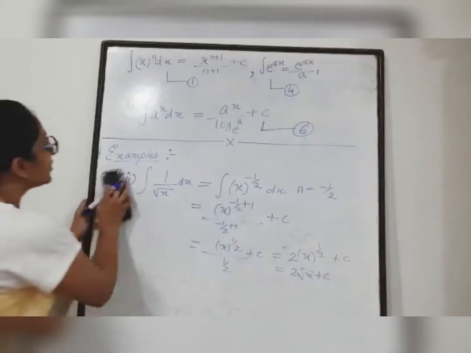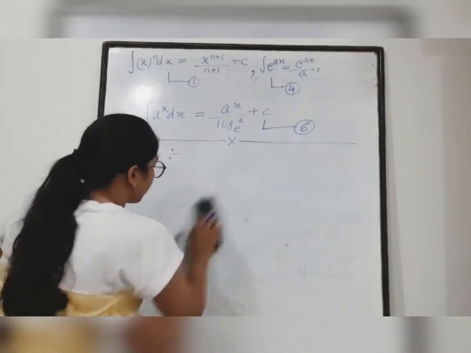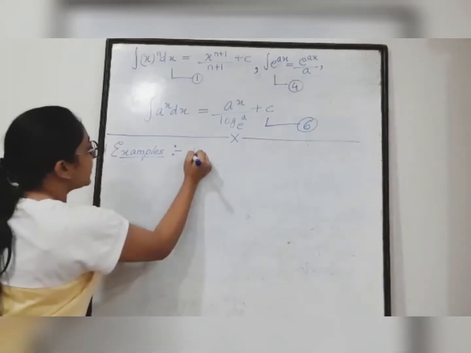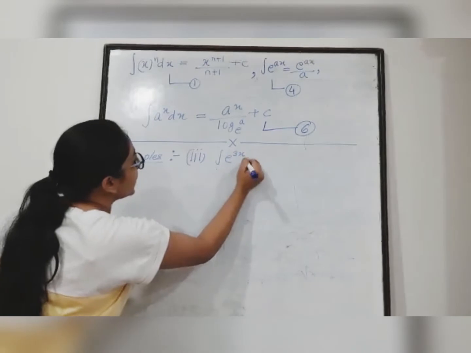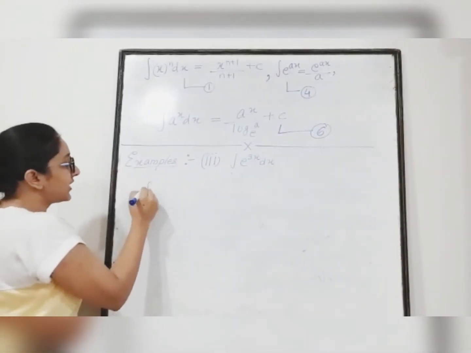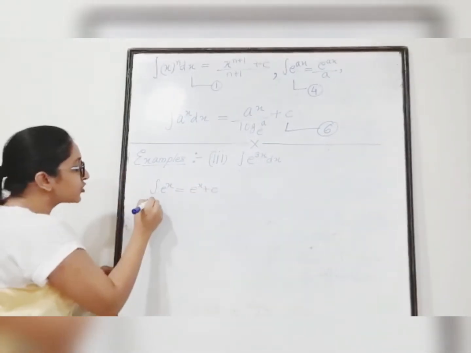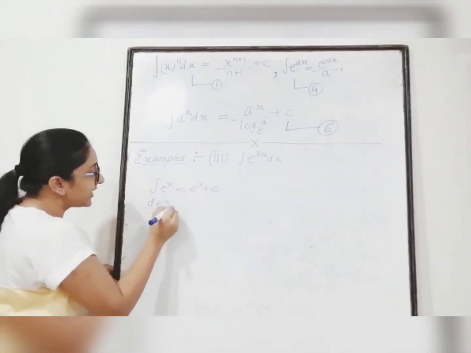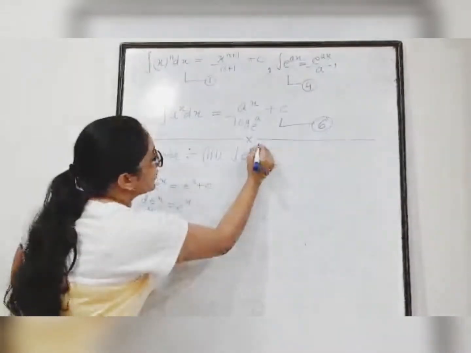Now let's move on to the third question. The third example is integration of e to the power 3x dx. Now we all saw in the previous basic formula that integration of e to the power x is e to the power x plus c, and differentiation of e to the power x with respect to x is e to the power x only. But here 3 is a constant which is termed as a.